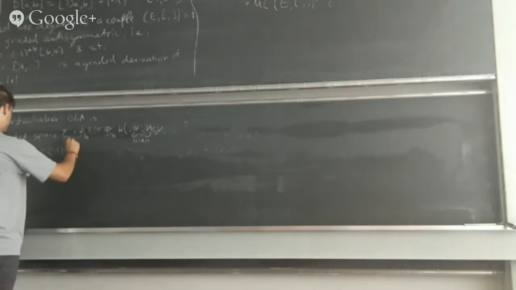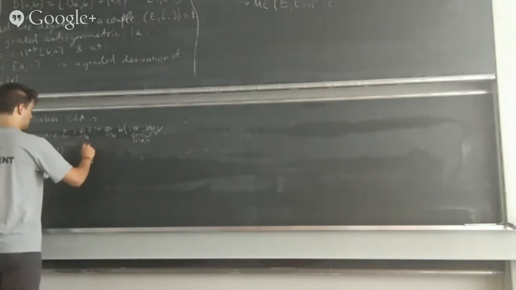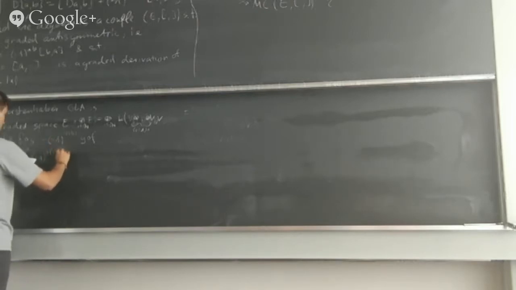And the bracket action is defined as the bracket of f and g, f circle over g minus minus 1 to the power of degrees, g circle over f. And that circle over g is defined as the sum over i equals 1 up to the degree of f plus 1, minus 1 to the power of the degree of g times the degree i plus 1.